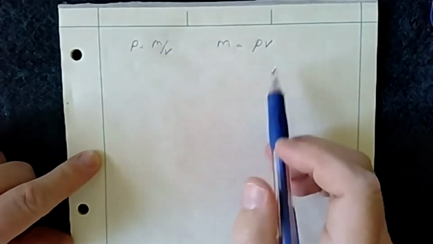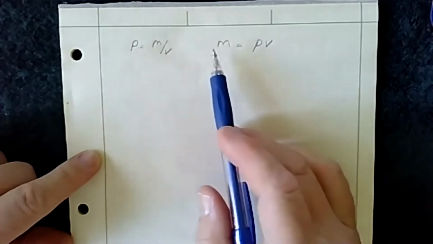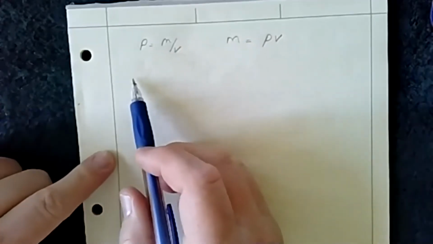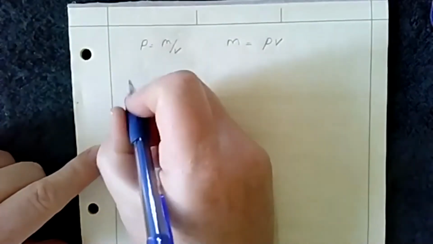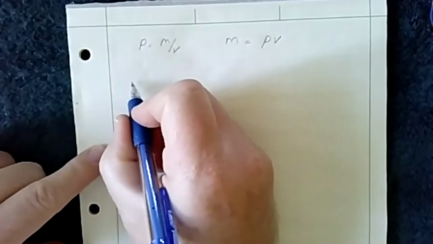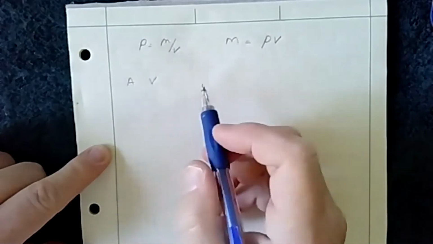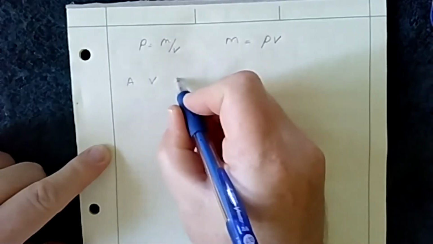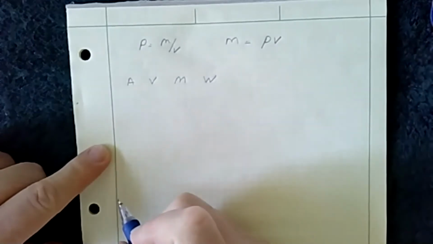So the only difference in what we do when we find center of gravity, center of mass, is that normally, you recall, our first column would be area, or it could be volume. And now in this case, it could be mass, and it could finally be weight.